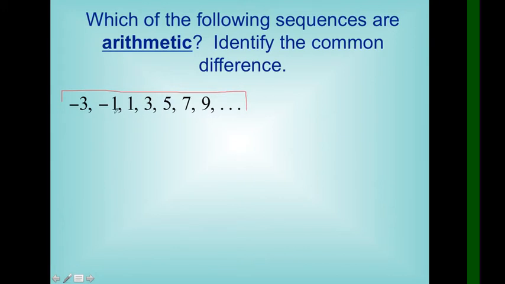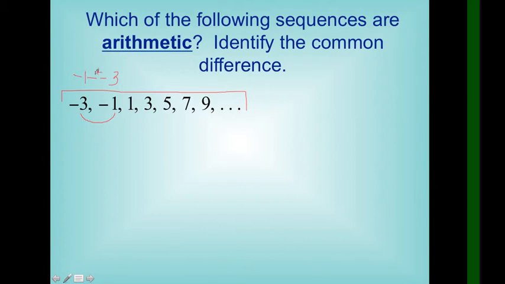So let's start with the second term, and let's subtract the first term from it. So we have -1 minus -3, and that's +2, di ba? Since dalawang negative yan, alam na naman natin that when we multiply both negative, magiging positive siya.